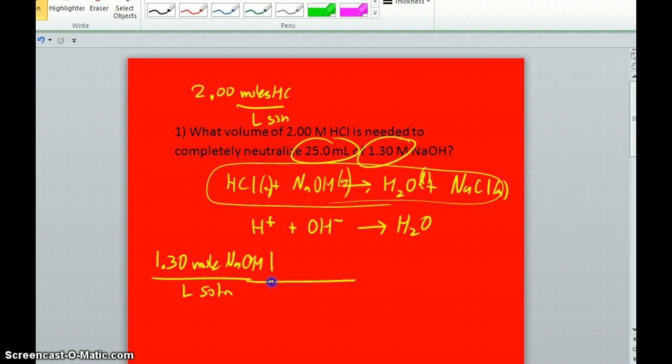And in this case, we're using 25 milliliters. In liters, that's 0.0250 liters of solution. In other words, what we're using is 0.0325 moles sodium hydroxide are being consumed in this reaction.